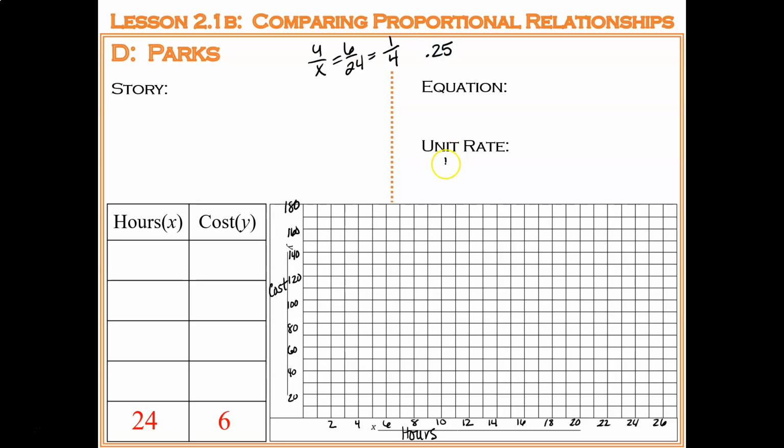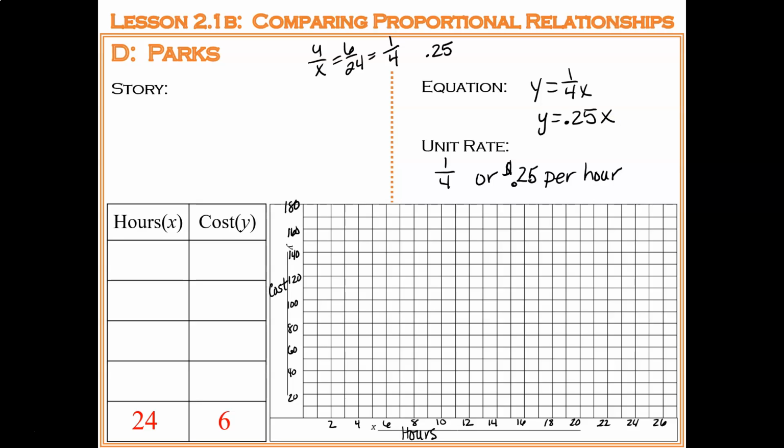So our unit rate is 1/4, or 25 cents per hour. This is money. Or we can write our equation like this: y equals 1/4 x, or y equals 25 hundredths x.